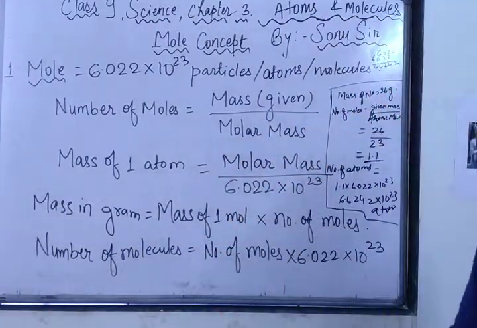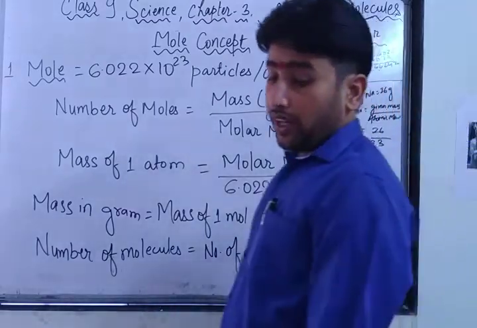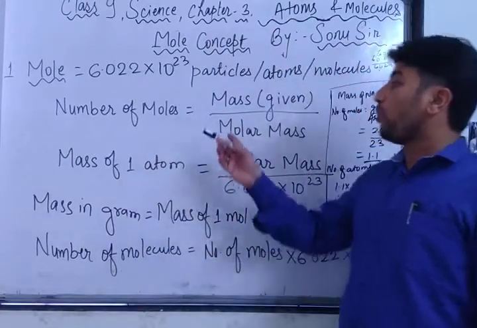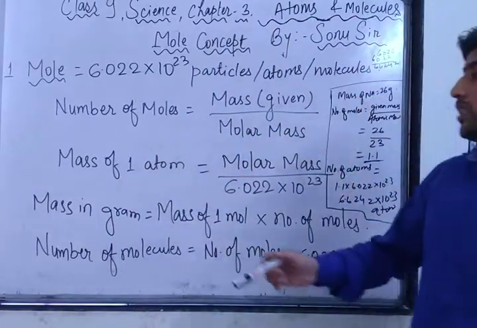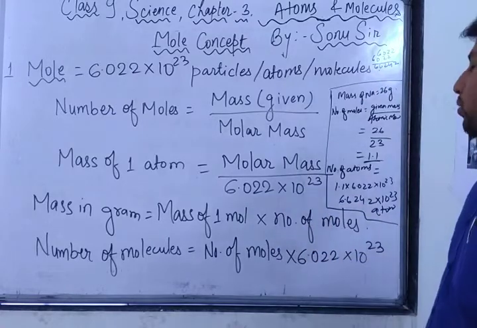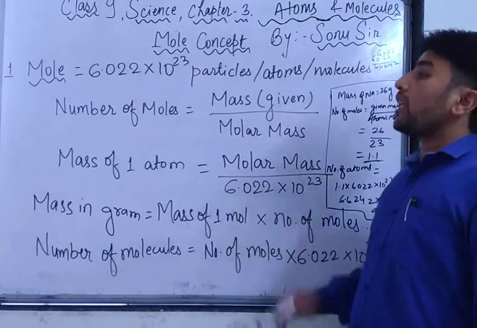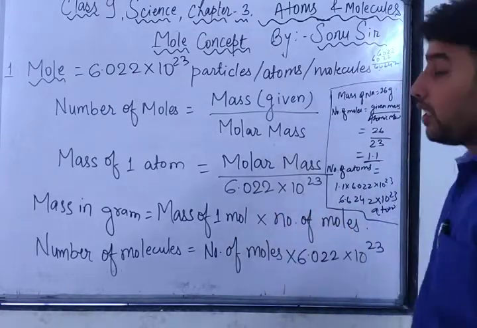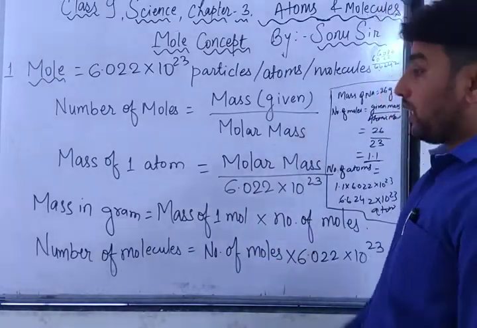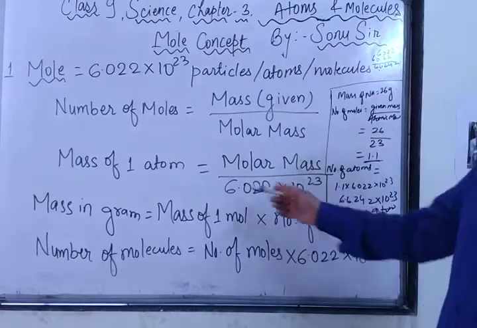Now, how to calculate the number of moles: it is equal to mass by molar mass. Mass of one atom is molar mass divided by 6.022 into 10 to the power 23. This is known as the Avogadro number, 6.022 into 10 to the power 23.